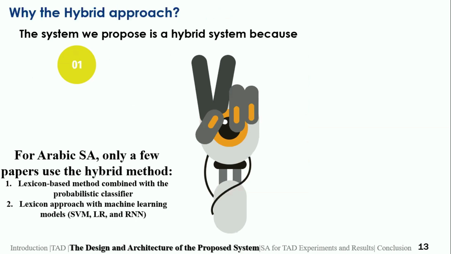Why did we choose the hybrid approach? The system we propose is a hybrid system because for Arabic sentiment analysis, only a few papers use the hybrid method: a lexicon-based method combined with a probabilistic classifier, or a lexicon approach with machine learning models such as SVM, linear regression, and RNN.